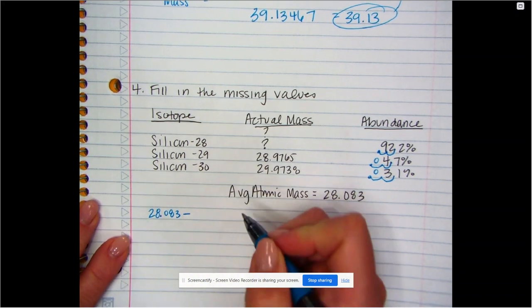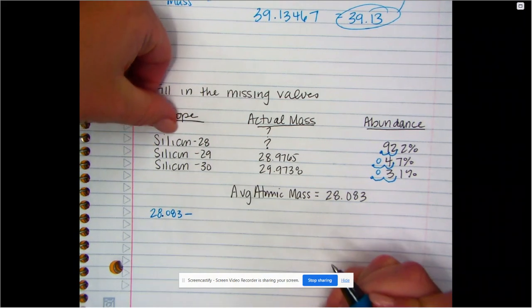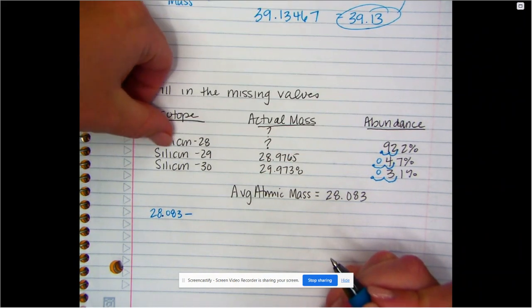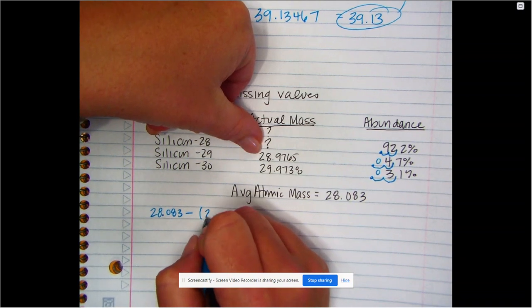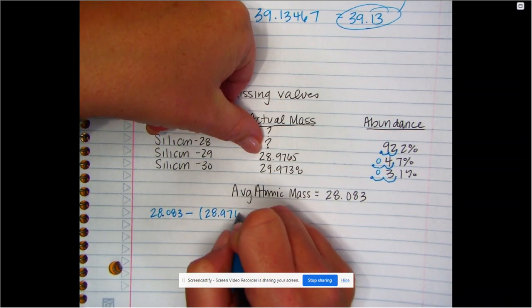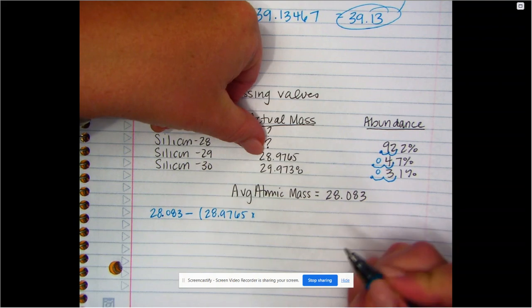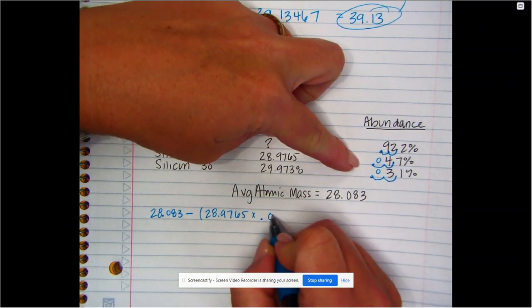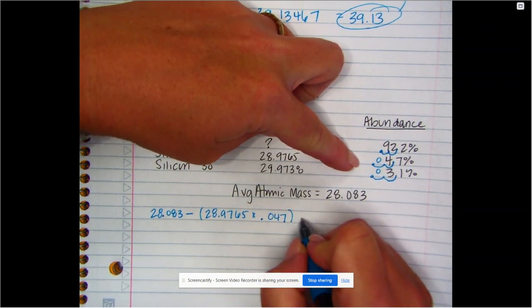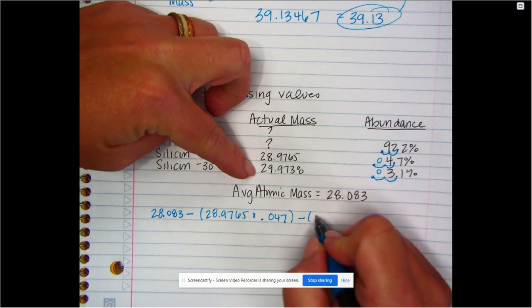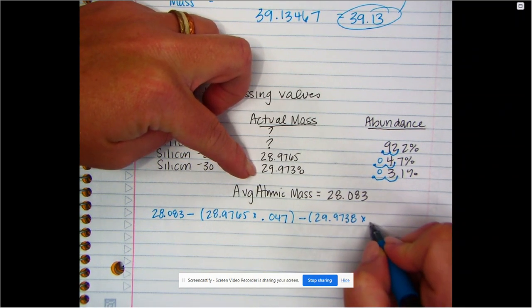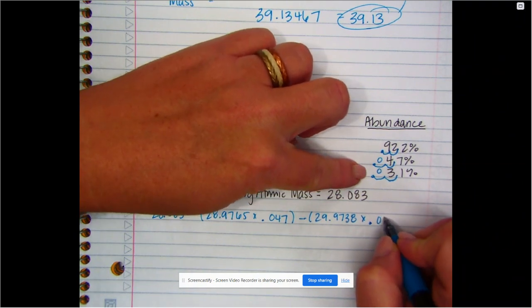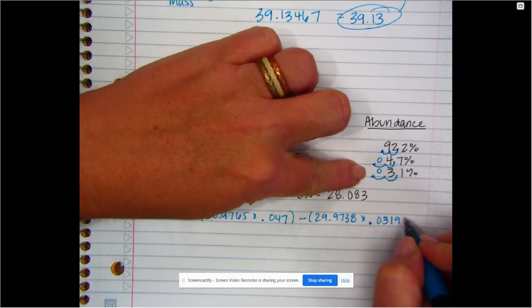28.083 minus, okay, I can't do anything with the silicon 28. I'm going to come down here to the silicon 29. 28.9765 times its percent, 0.047, minus 29.9738 times its percent, 0.0319.